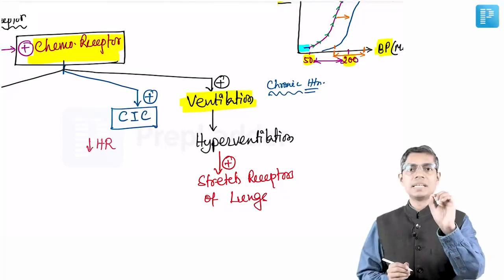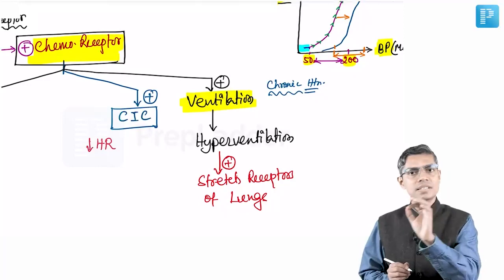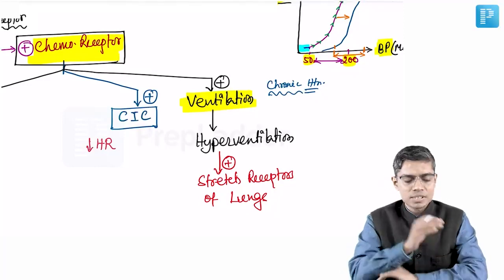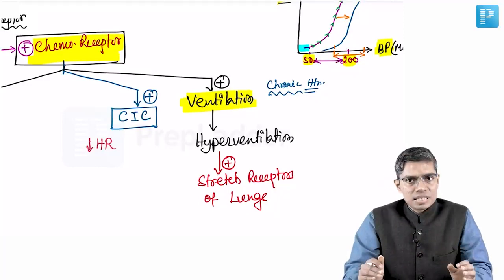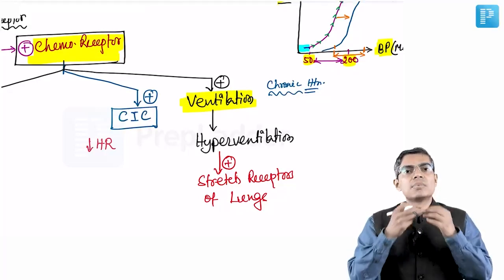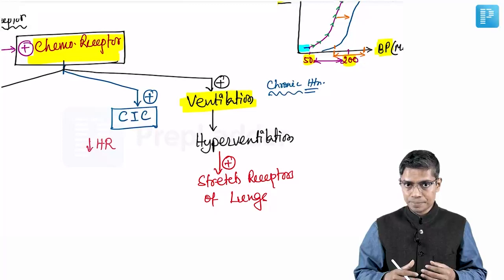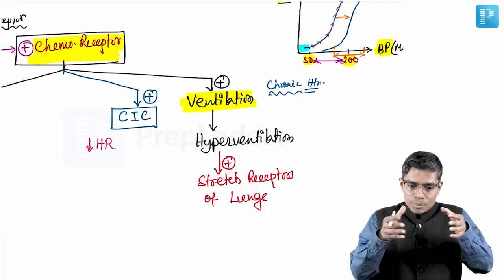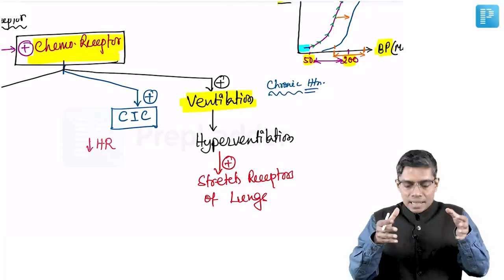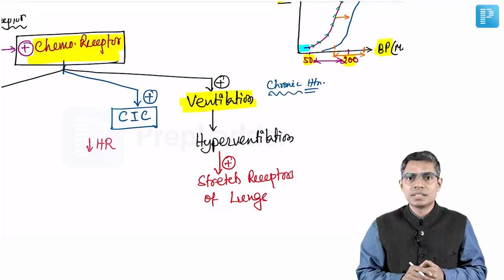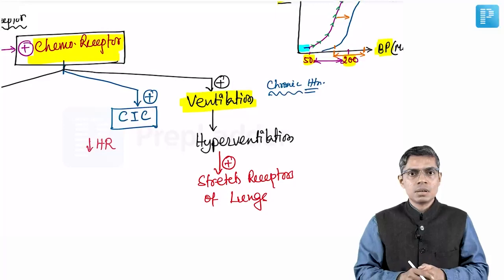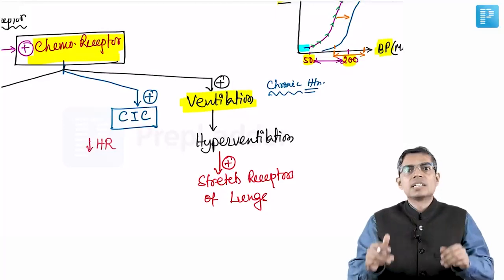So details of this stretch receptor will be discussed in respiratory regulation again, but just for the timing, remember, stretch receptors of the lung are located at the level of bronchi and bronchial smooth muscles, right? Whenever your bronchi are dilating to a high level, like in hyperventilation, your bronchi are dilating more and more.